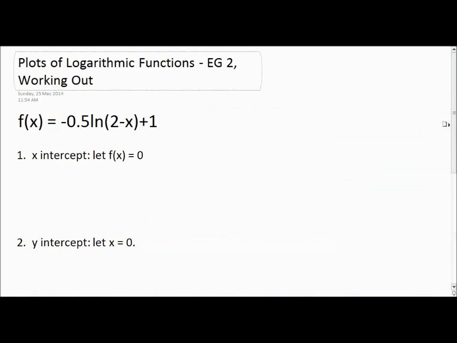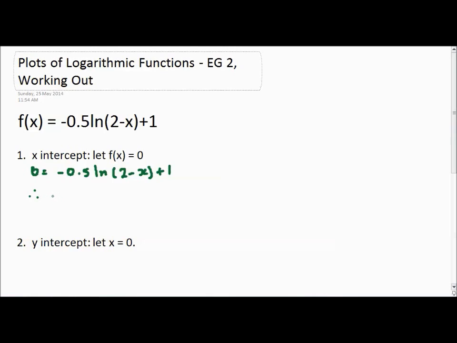Okay, so let's have a dig at this one. It's the same procedure. These are quite routine, these. So to find the x-intercept, you're going to let the function equal 0. So when that happens, we get 0 equals -0.5 ln(2 minus x) plus 1.